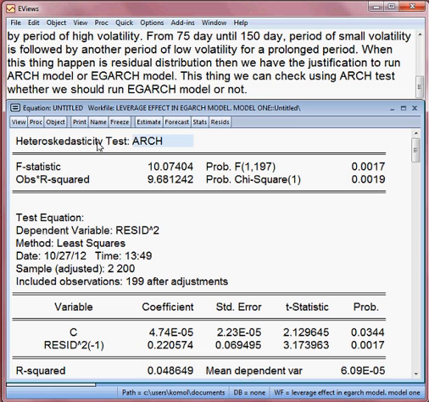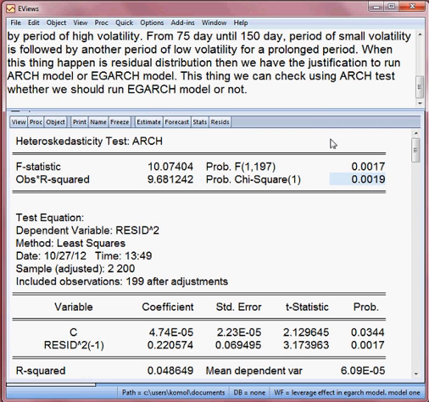So this is the arch test and the result, and here is the observed R-squared and a corresponding p-value. How much is the p-value? The p-value is here, 0.0019, meaning 0.19%. Okay, that is the p-value.